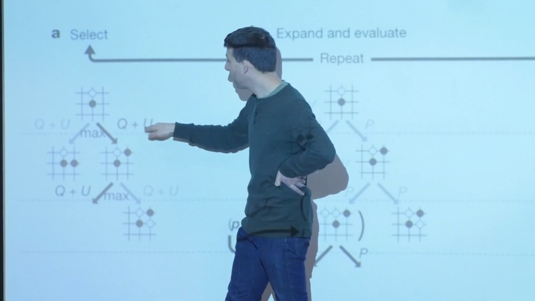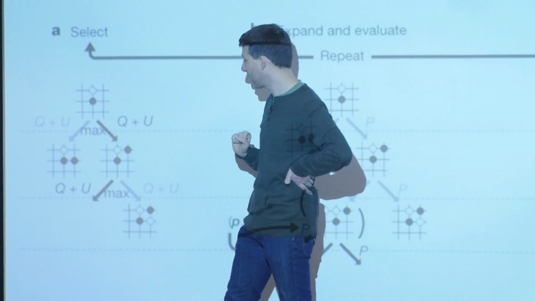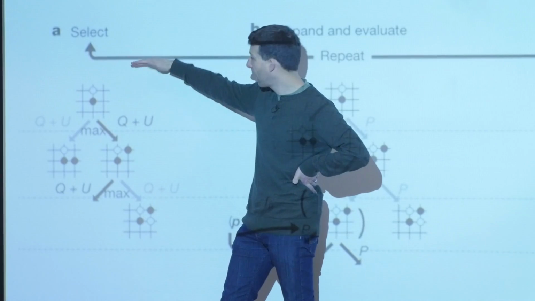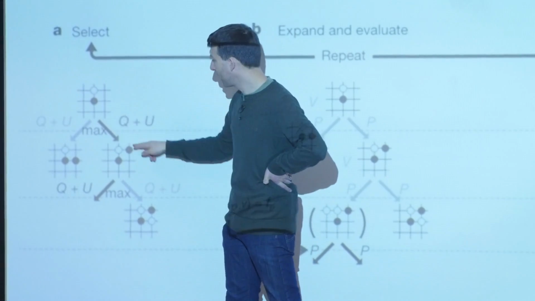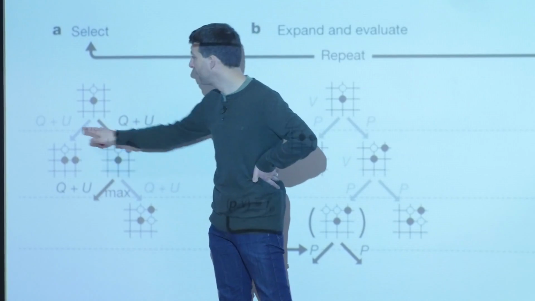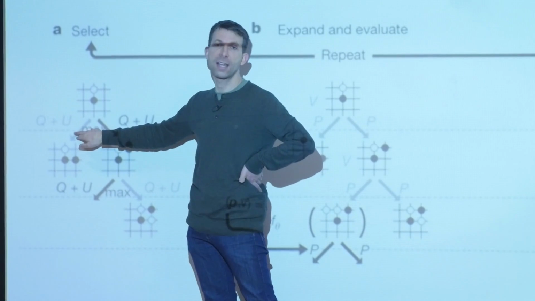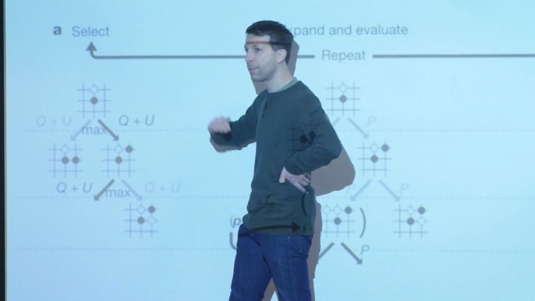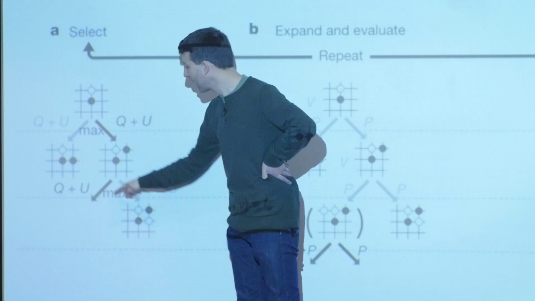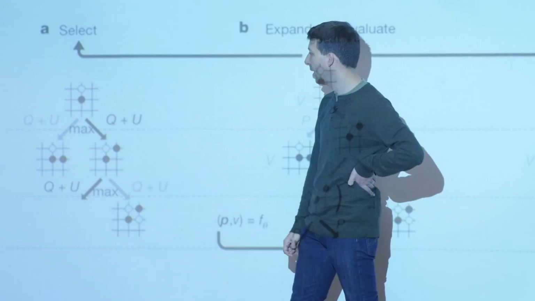So if this upper confidence bound term U says that you might actually be able to get a lot more value than Q, then we'll take this path here, even if this one currently has the best Q. So we add our Q value to the upper confidence term, and we maximize that, and that picks out a path through this search tree.